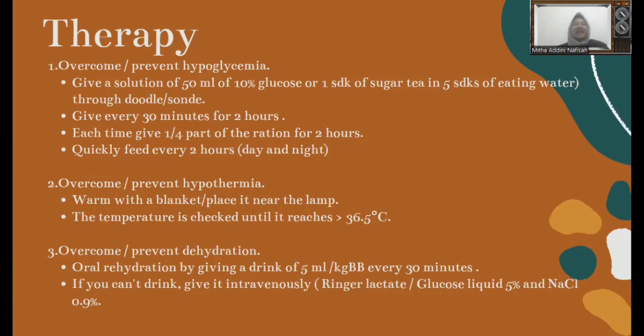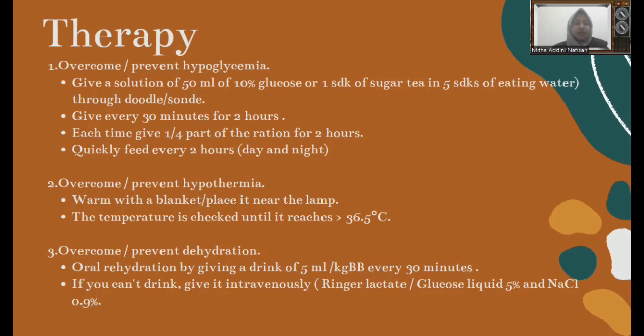Okay, for the next is therapy. Listen to me to know about malnutrition therapy for children. First is to overcome or prevent hypoglycemia. Give a solution of 50 ml of 10% glucose, or 1 spoon of sugar in 5 spoons of drinking water.